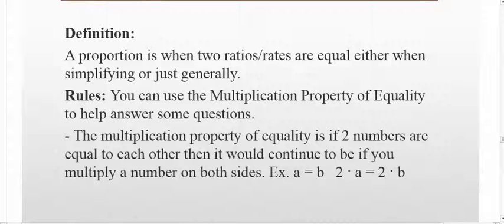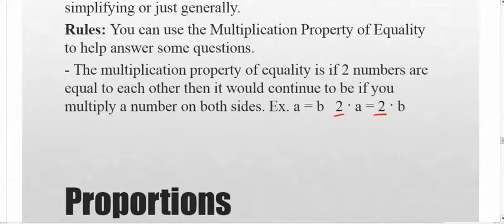The multiplication property of equality is if two numbers are equal to each other, then they continue to be equal if you multiply a number on both sides. So A equals B, so 2 times A equals 2 times B, and that would still be proportional because you're multiplying by 2 on both sides, so it's still equal and proportional.